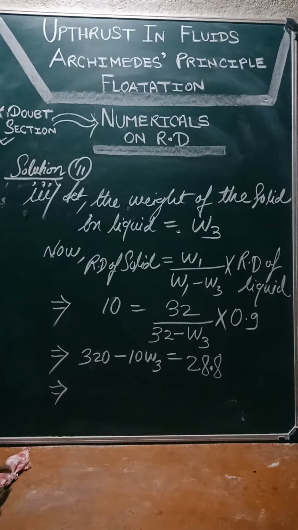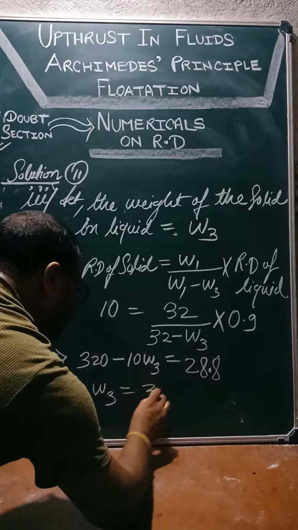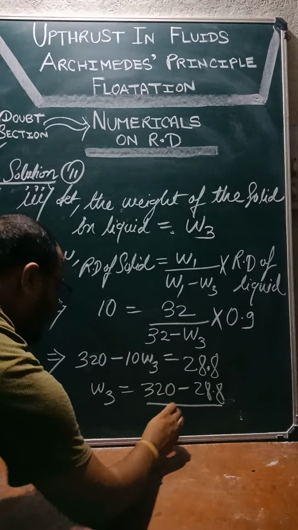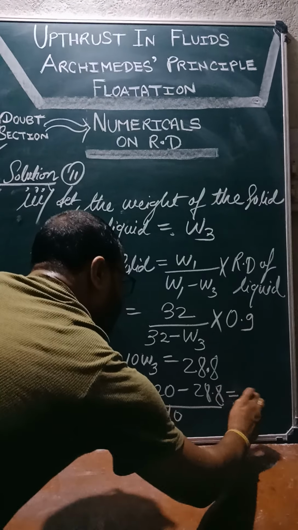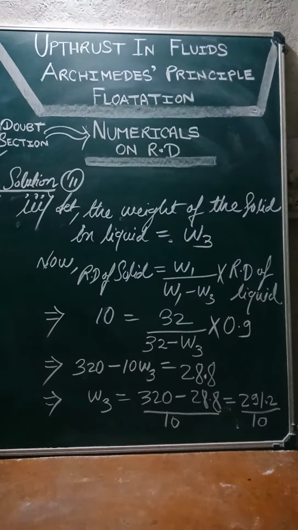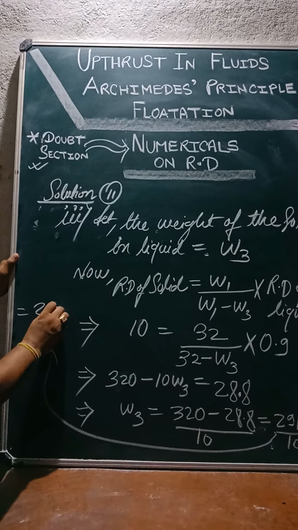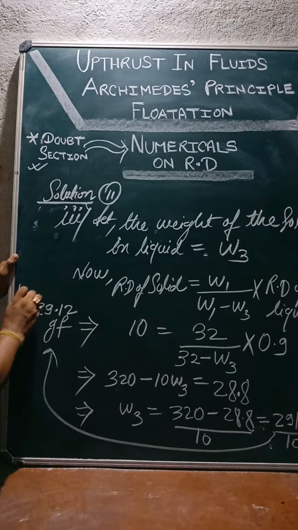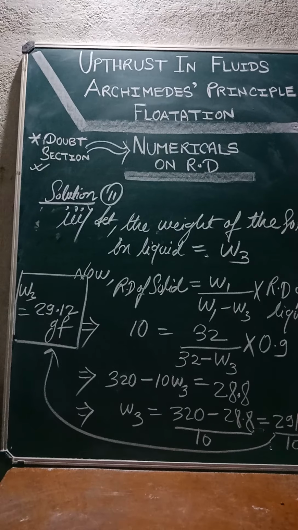So further we'll solve it and we'll get W3 is equal to 320 minus 28.8 by 10, which will give you 291.2 by 10, and finally we'll get the answer 29.12 gf. So W3 we have got the value 29.12 gf.